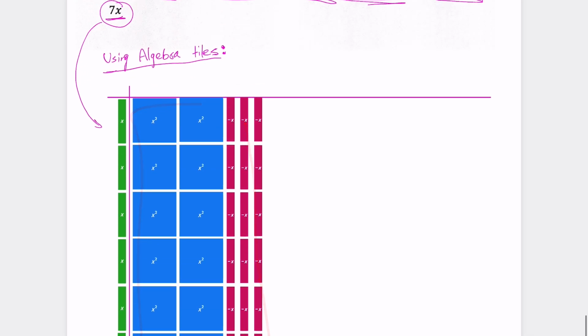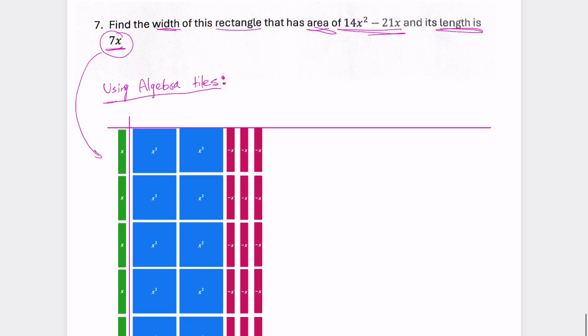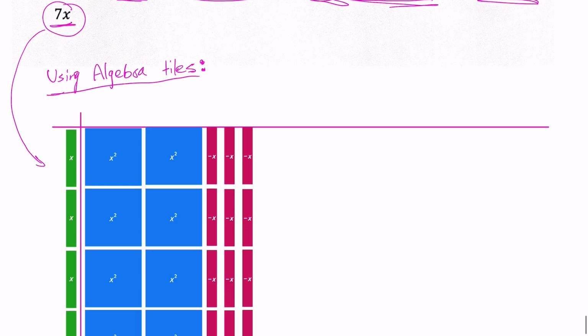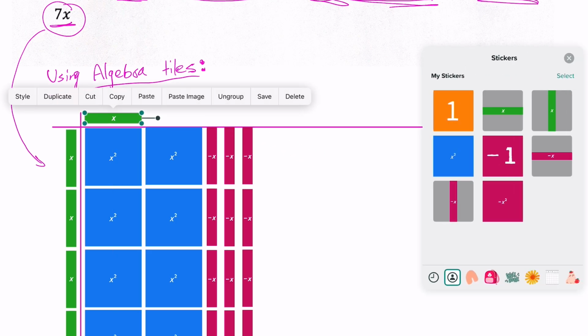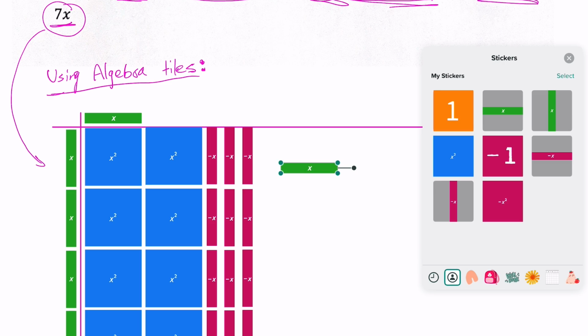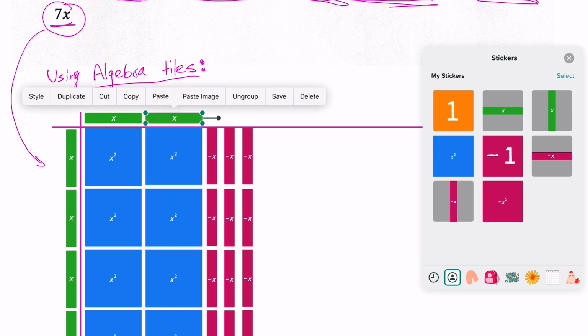And now this is where I'm looking at, okay, what shape when multiplied by x, what thing here multiplied by x gives me an x squared? And it needs to be positive, right? So positive here, and this needs to be positive. Well, it turns out the only possibility here is actually an x. Because remember, an x by an x gives an x squared. Likewise here, an x by an x gives an x squared.